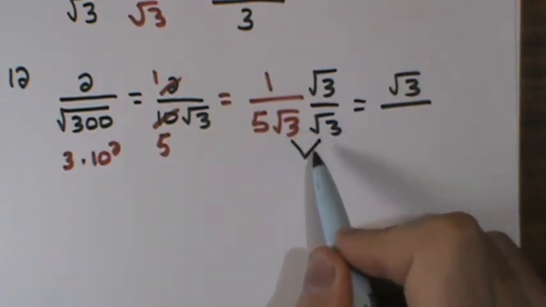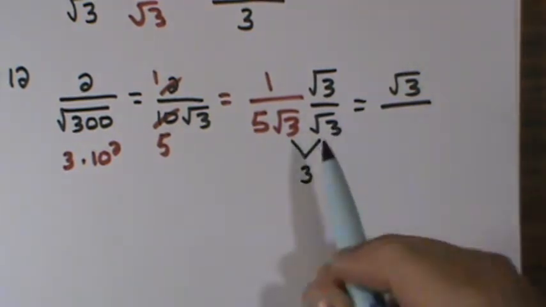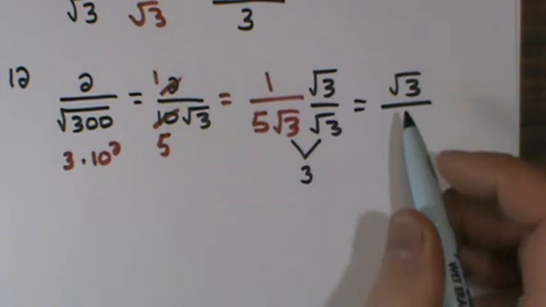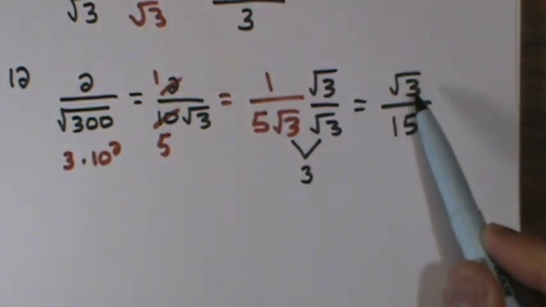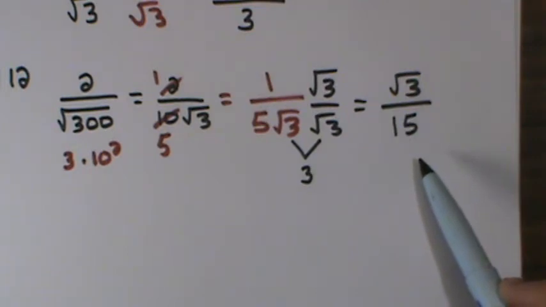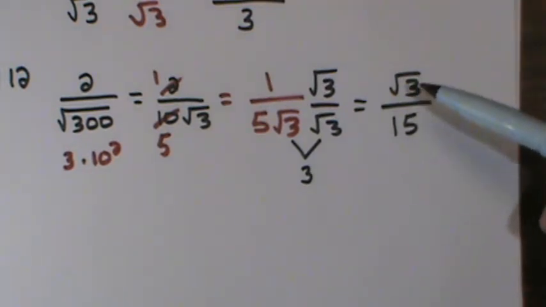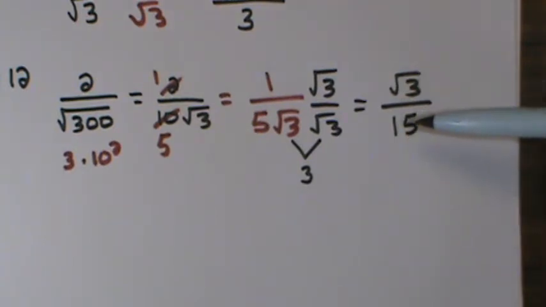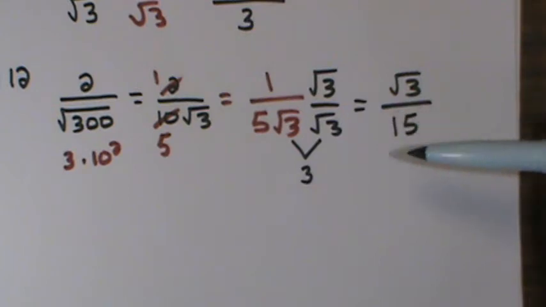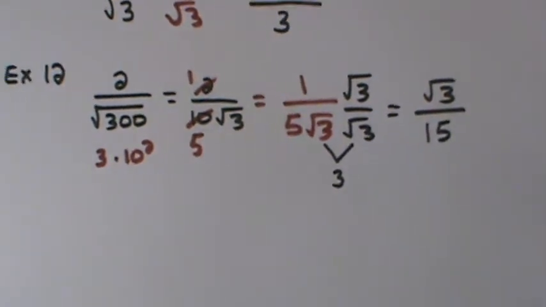Now rad 3 times rad 3 is a regular 3, so it'd be 5 times 3, which is 15. Final answer, rad 3 over 15. And once again, do not get suckered in where you try to cancel when you're not allowed to. Free versus jail. They can't interact, so we call it rad 3 over 15. That is an appropriate answer.